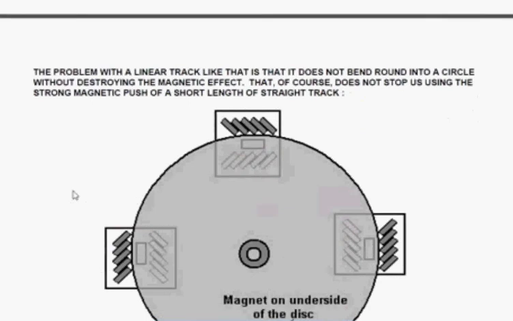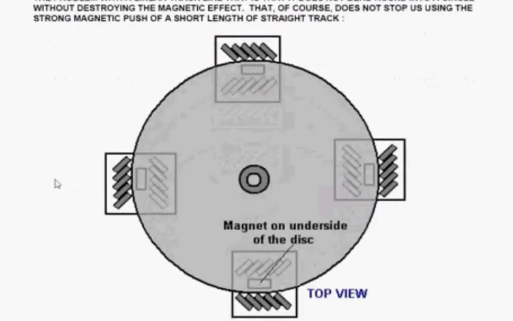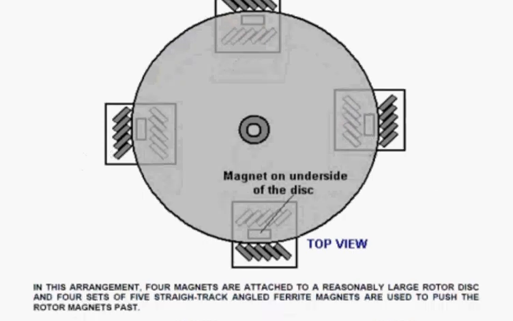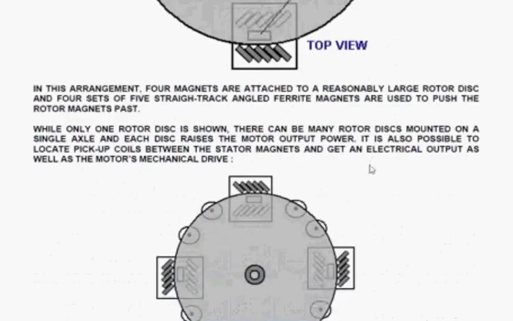That, of course, doesn't stop us using the strong magnetic push of a short length of straight track. So there's nothing to stop you putting 4 magnets attached to a rotor and putting 4 sets of 5 magnets on each side of those rotor magnets. That will give you strong rotation.